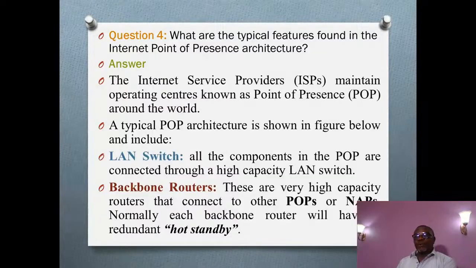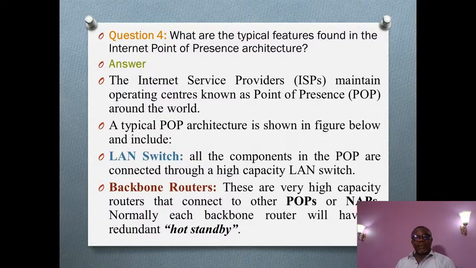A typical point of presence architecture is as shown and include the LAN switch. When we say LAN switch, the local area network switch. So all the components in the POP are connected through a high capacity LAN switch.